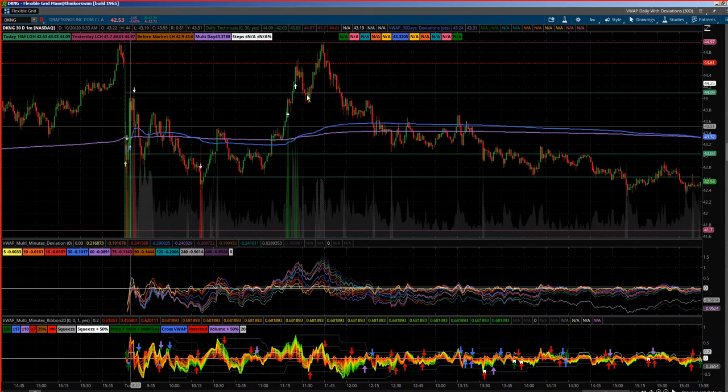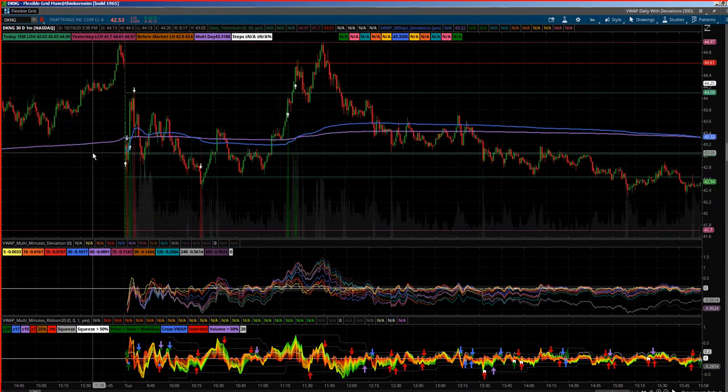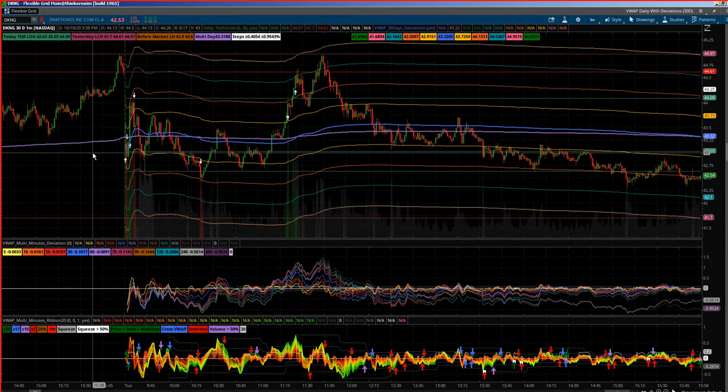It finally worked after he left the Raging Bull Pit, but it didn't go anywhere before he left, which was close to around 11 o'clock, 11:30, somewhere in there.